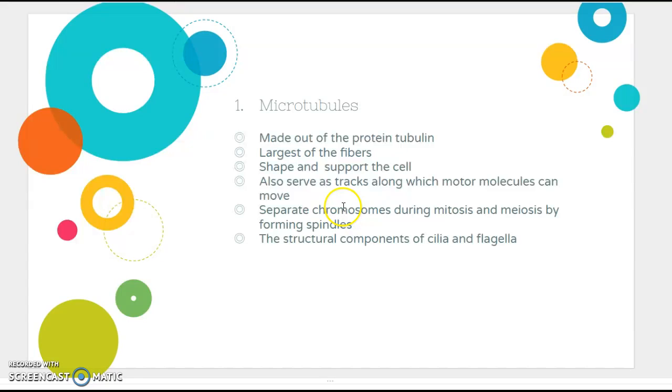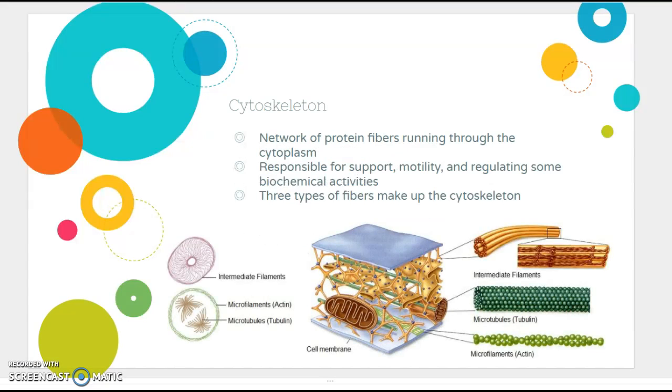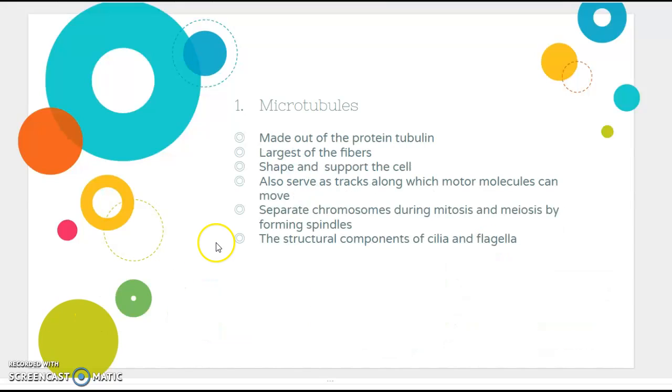The first one we're going to talk about is microtubules. So that is this one right here. It is made out of the protein tubulin. It is the largest of all three of the fibers, and it provides shape and support for the cell. It also can serve as tracks. So we have motor molecules, which are molecules that have movement, and it can provide the tracks for which these molecules move.